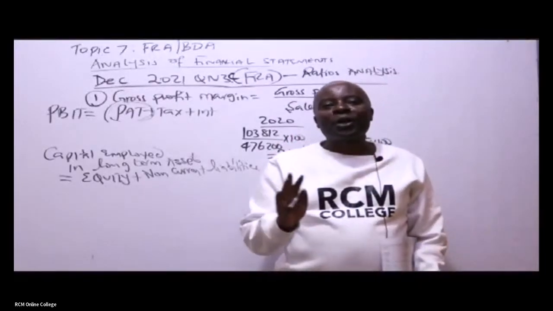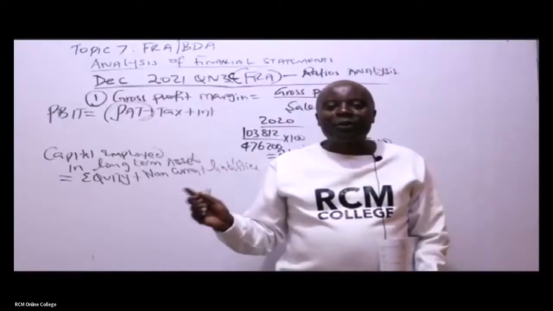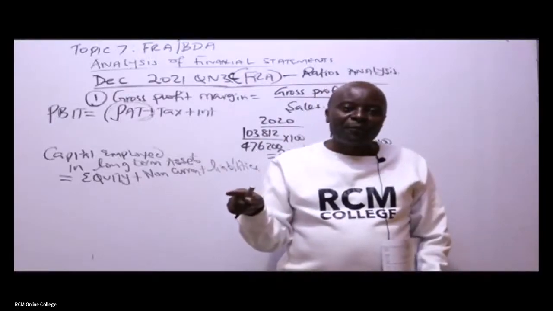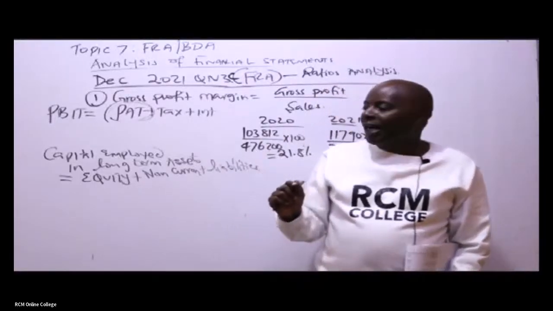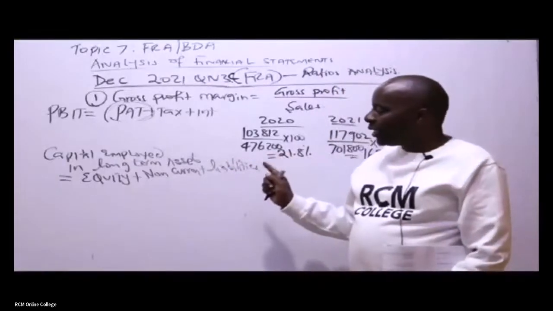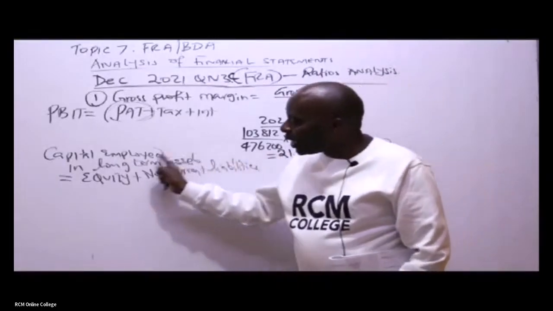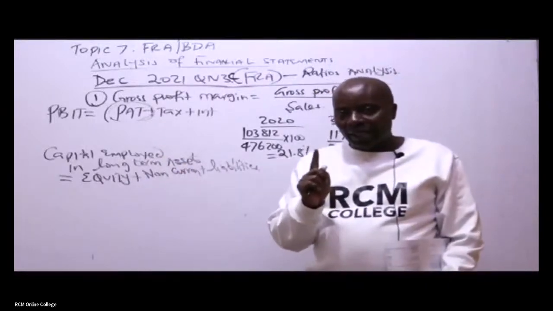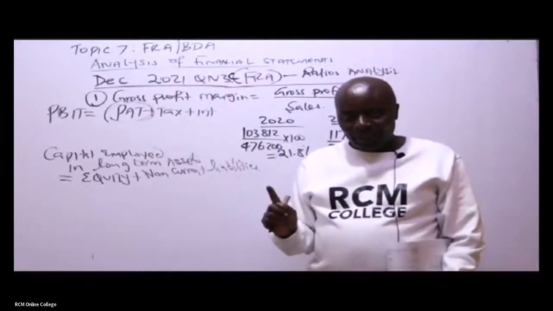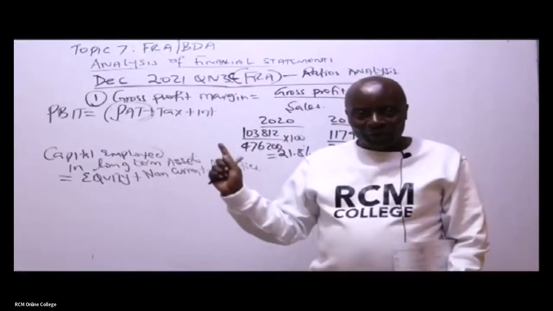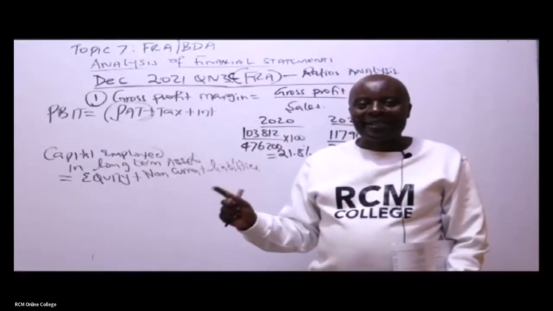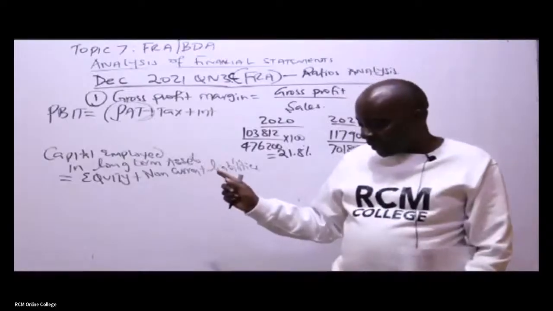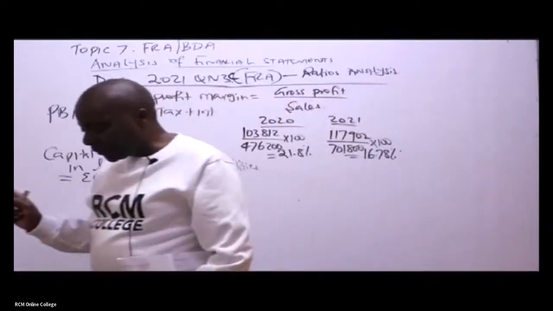That is the capital that you can talk about having employed. But you can't employ current liabilities. So if I were you, I would write this somewhere and highlight it using a yellow highlighter. Use whichever color, but most importantly you must highlight this. It is very, very important. That's capital employed in long-term assets.